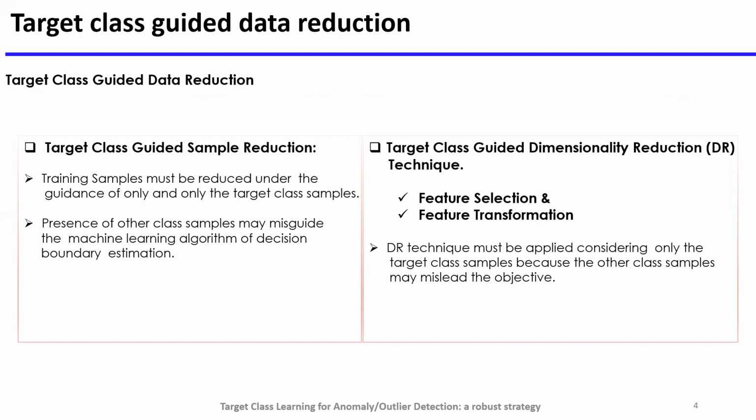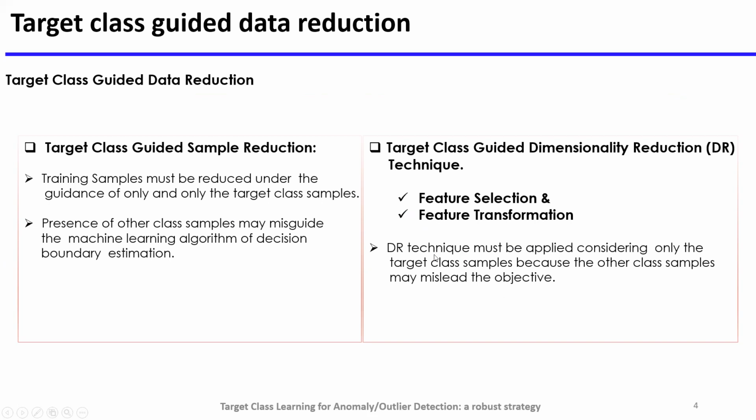Likewise, if you go for target class guided dimensionality reduction, we may have two options. We may select the features guided by the target class, and we can transform or project the original samples to some other, lower dimensional space, guided by the target class only.